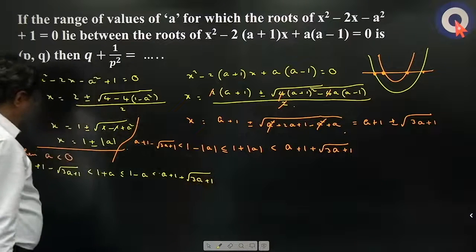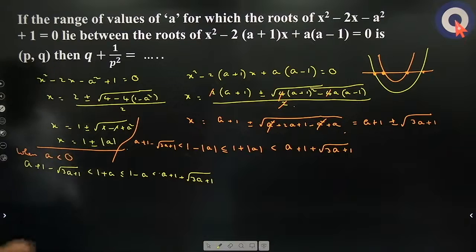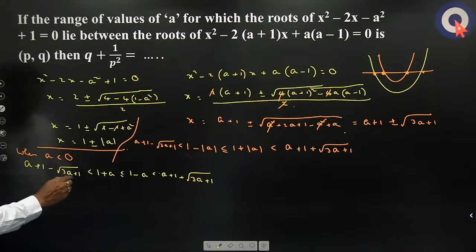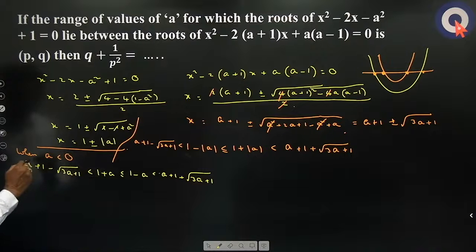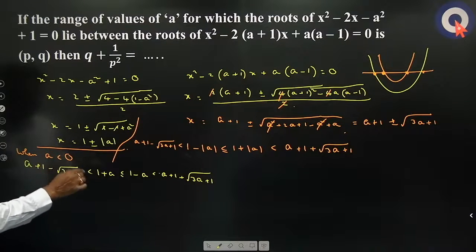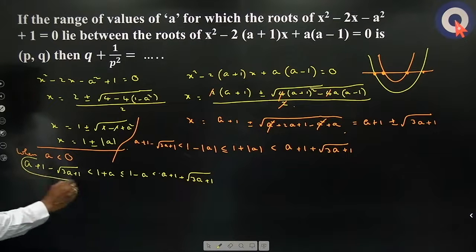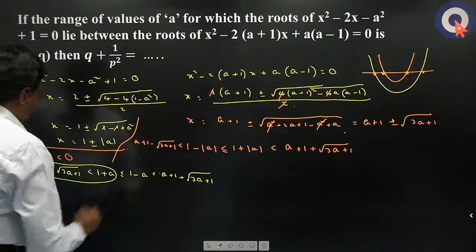Now you can see here, a plus 1 minus root of 3a plus 1 is less than a plus 1 is trivially valid. A plus 1 minus a non-negative quantity is less than 1 plus a. This is anyway valid. So therefore, we need to only consider this part.